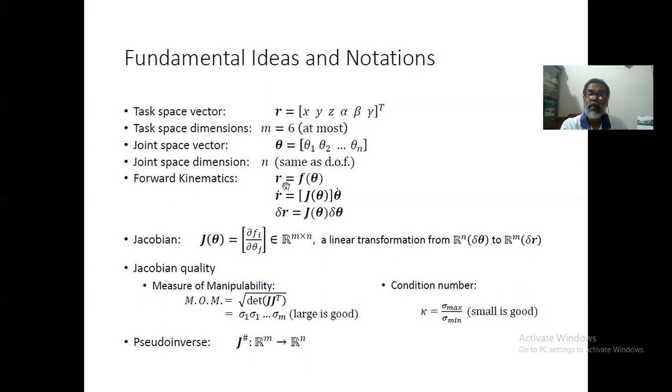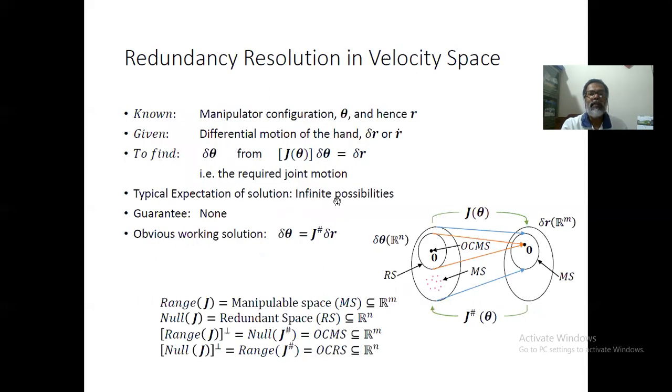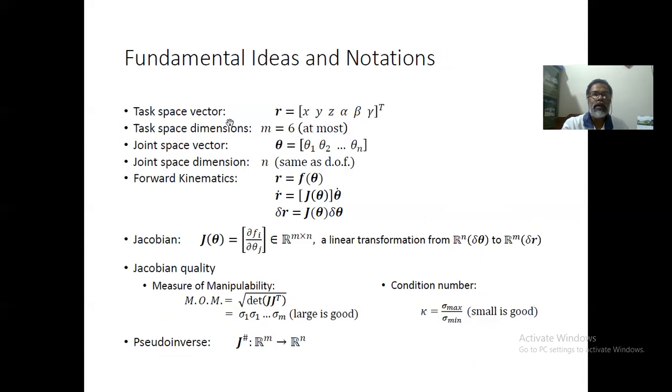So you differentiate it for a particular theta and corresponding r, and you get this. This is again a system of m linear equations in n unknowns, n velocities, if this is specified. So that will again have infinite possibilities.